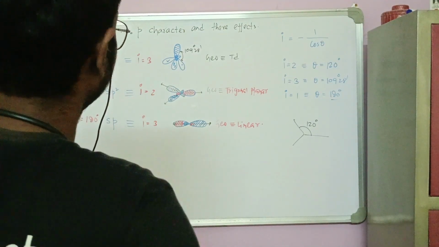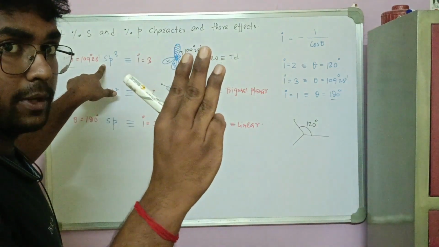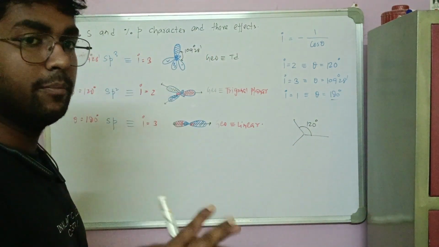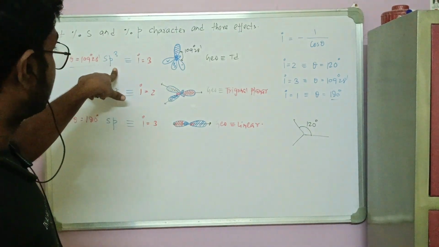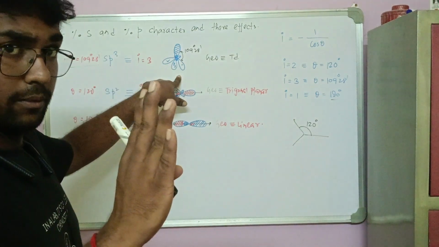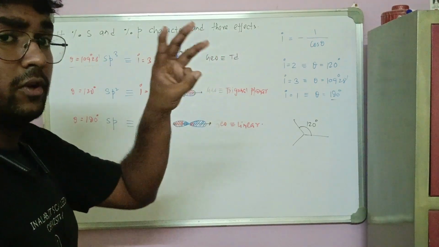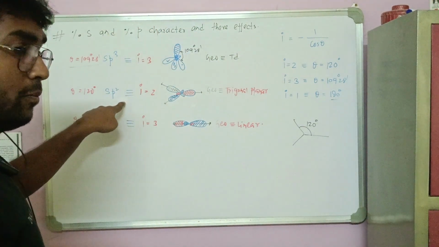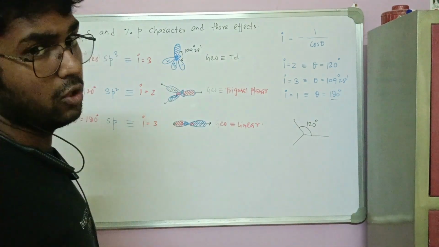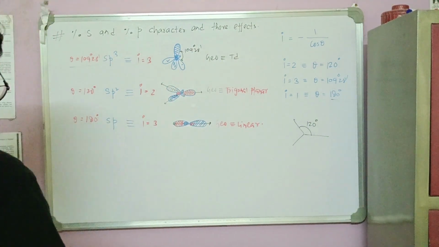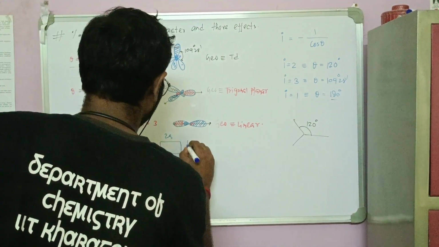Another thing we can say from this visualization is that if one s and three p atomic orbitals get mixed, because s and p orbitals are called atomic orbitals, they form four sp3 orbitals. If s and two p orbitals are mixed, they form three sp2 orbitals, and if one s and one p mix, they form two sp orbitals.